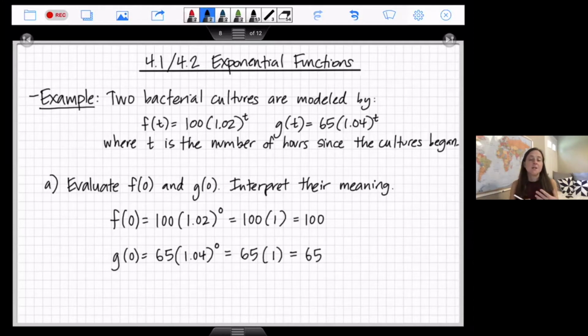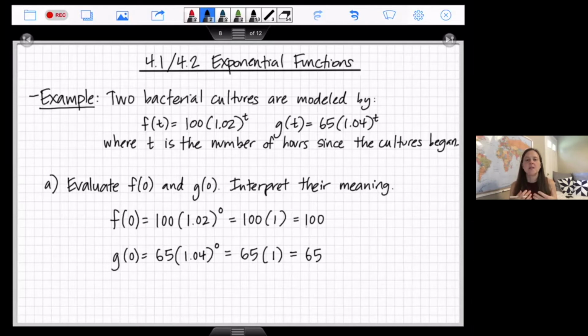All right. Way back in a couple of videos ago, I told you that the number out in front of the exponential function is called the initial value. This is why we plugged in t equals 0. This is like 0 hours after I started these bacteria cultures, and because of that, the base to the 0 is going to be 1. You're always going to get that coefficient of the exponential function as the t equals 0 value.